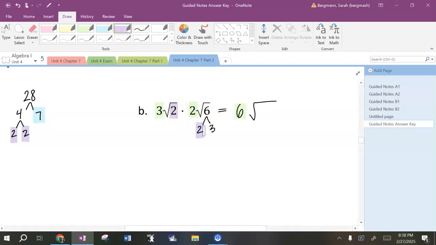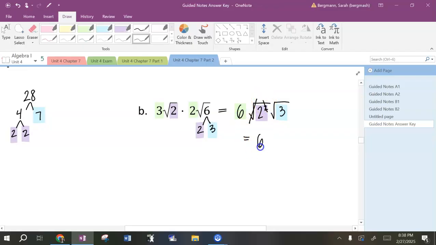I noticed that I have a pair of 2's here and my leftover 3. So what I'm going to do is write this as 2 squared and 3 under my root. Remember, a squared and a square root cancel each other out.